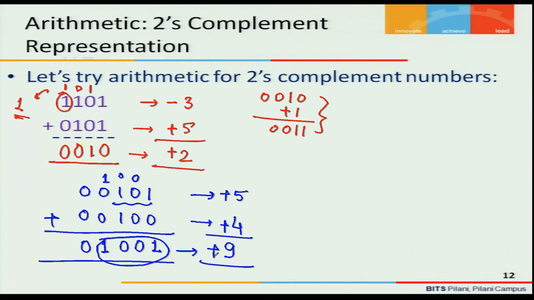So we have tested two examples and we have seen that the straightforward bit by bit addition is working in 2's complement representation, which was not working in the 1's complement and the sign magnitude form. So this representation looks good in terms of performing arithmetic operations in the computer. So we will use this representation to represent numbers in computers.